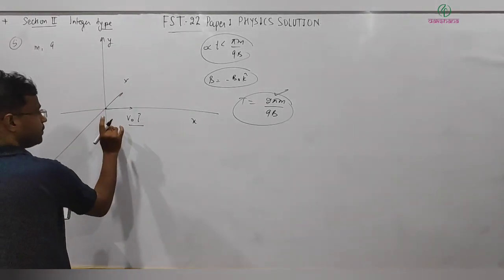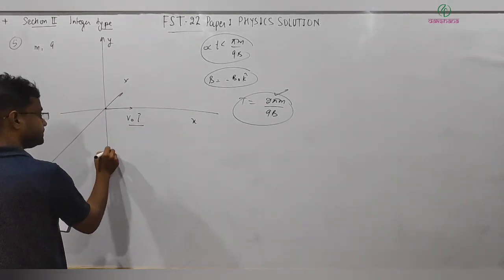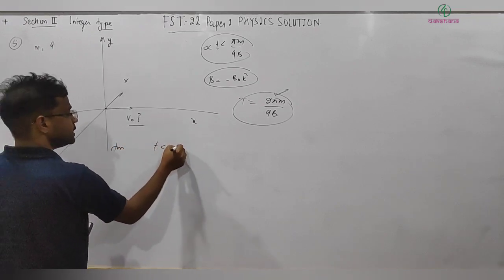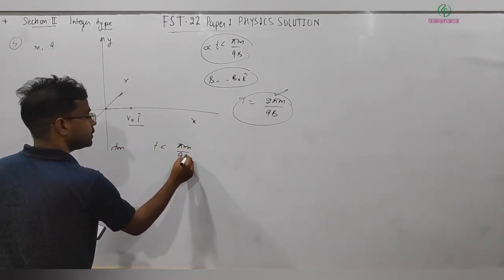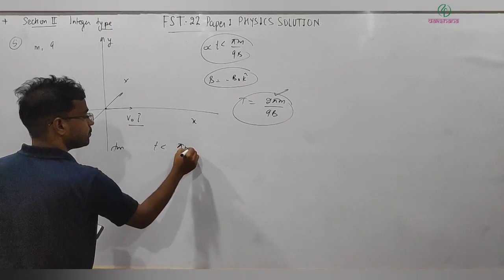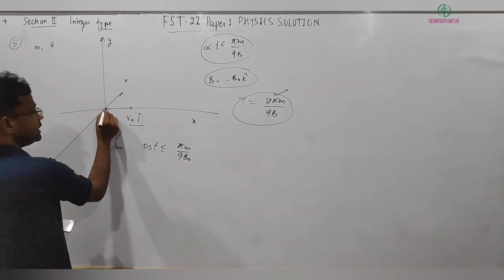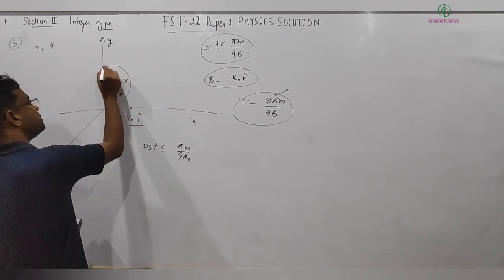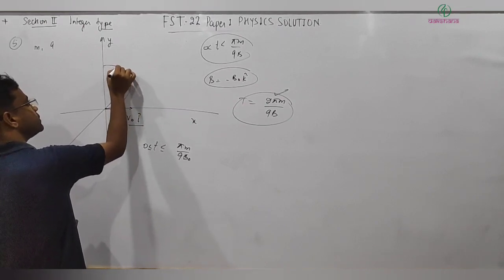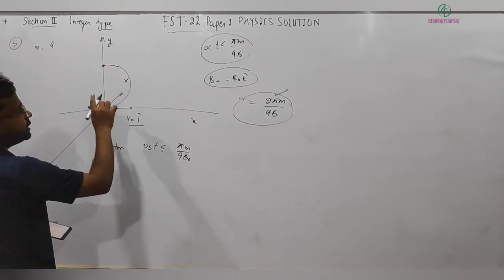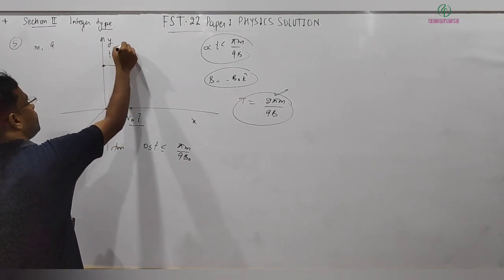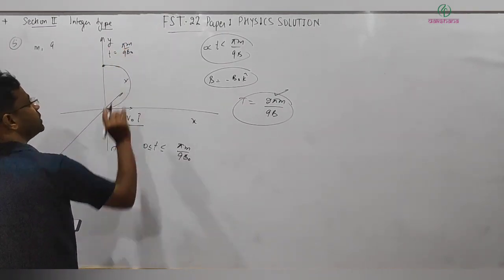So I can write, for t less than pi m by qb naught greater than 0, the path of the particle will be something like this. It will reach here, this is the coordinate of the particle at t equal to pi m by q b naught.